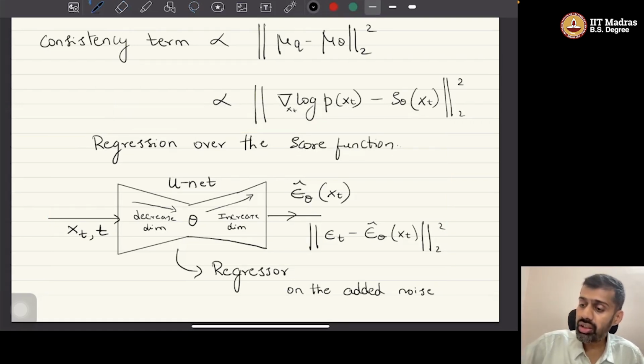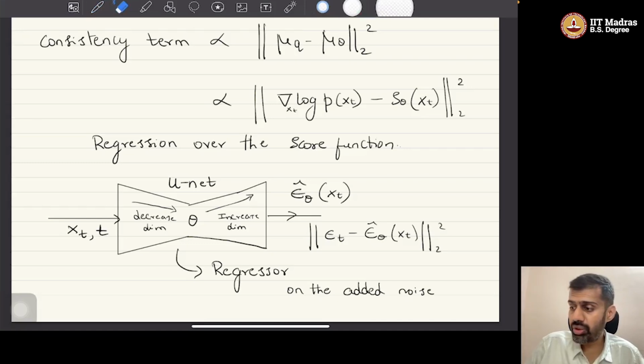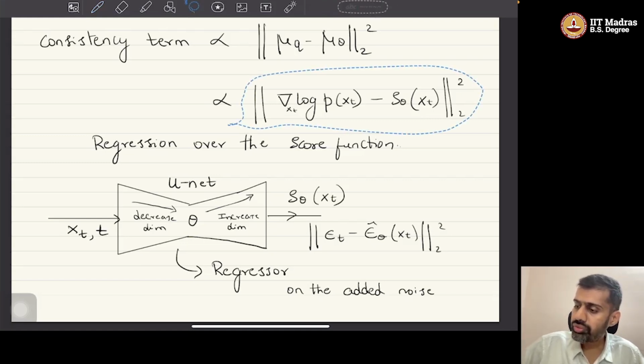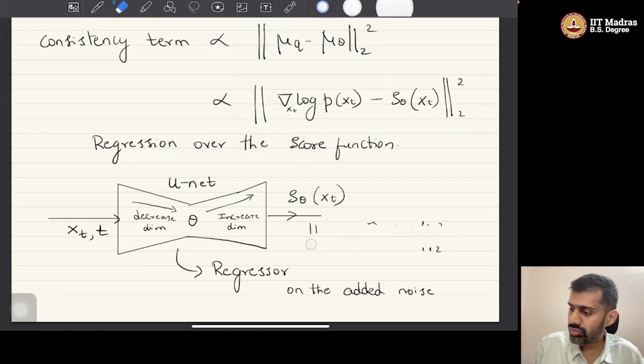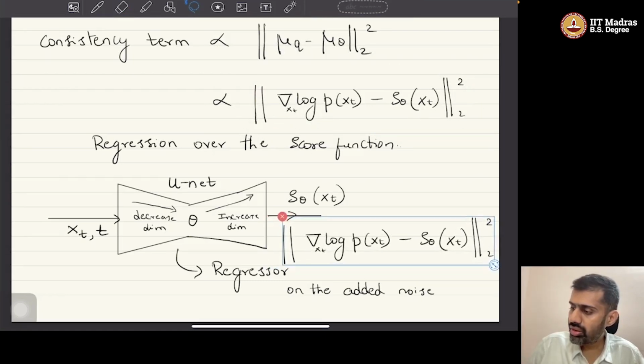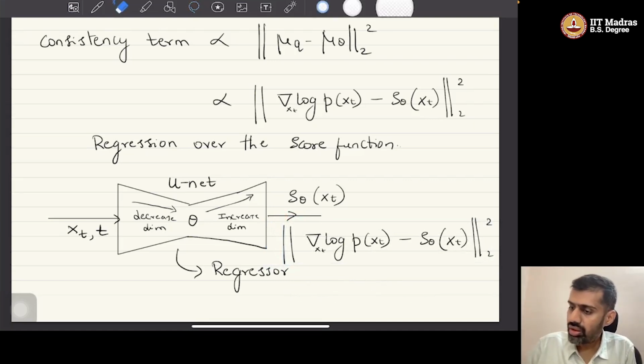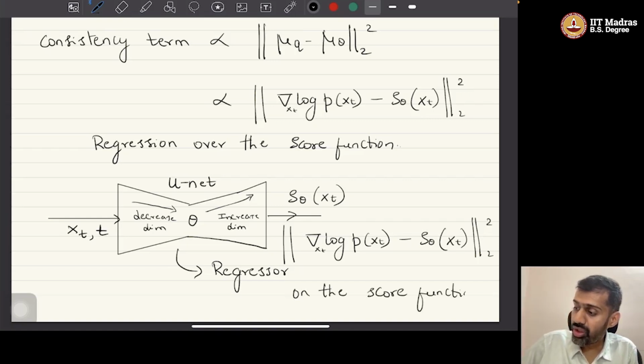So now this neural network takes xt and t as input, and what does it predict? It predicts the score of the distribution. So regression over the score function, a regressor on the score function. This is the third interpretation.